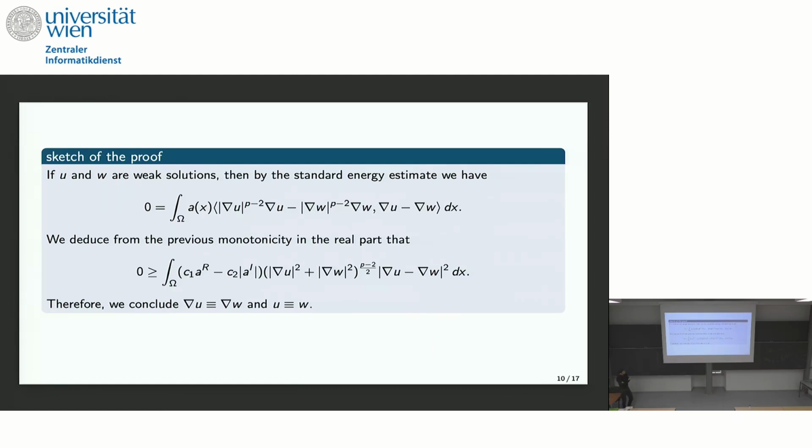Because the first terms are 0 in the difference of the equation, we have this energy estimate. We take the real part of this, left and right hand side, and using the monotonicity property of the real part, this becomes 0. Means u is equivalent to w.